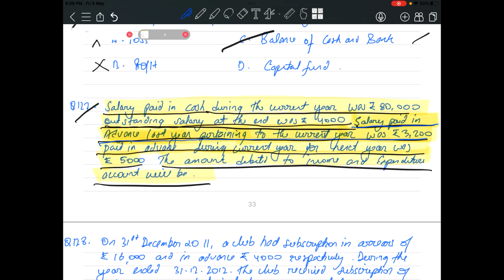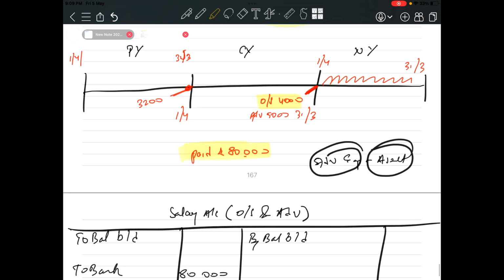Next, salary paid in advance last year pertaining to the current year was 3,200. Basically we have paid an advance salary of 3,200 in the last year. So this 3,200 will be the closing balance of the last year, and it will be the opening balance of the current year.